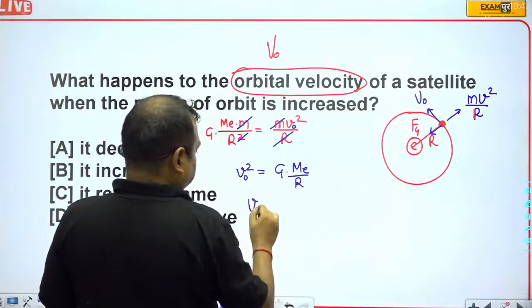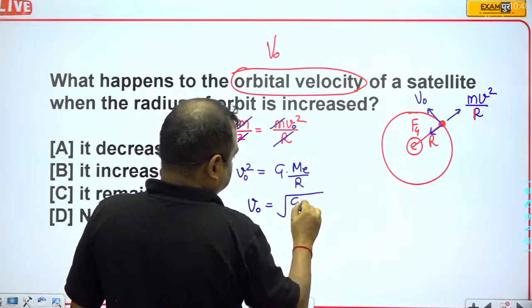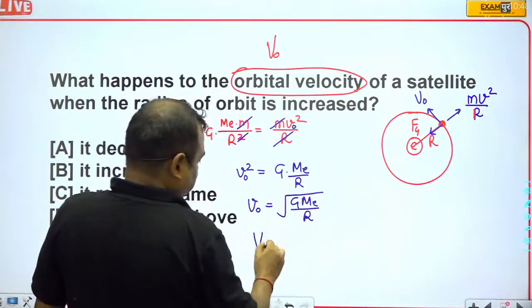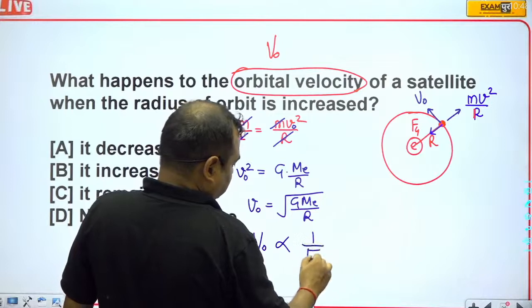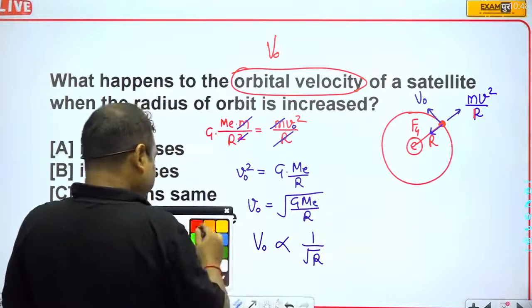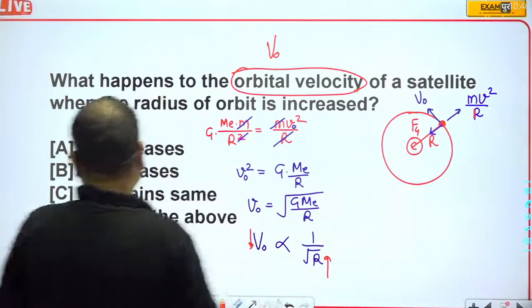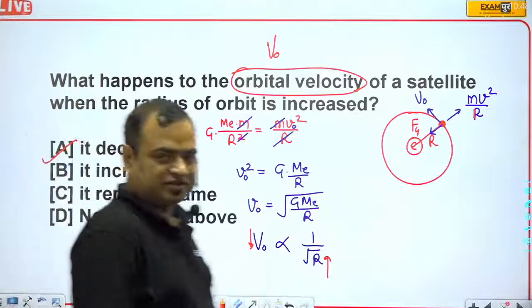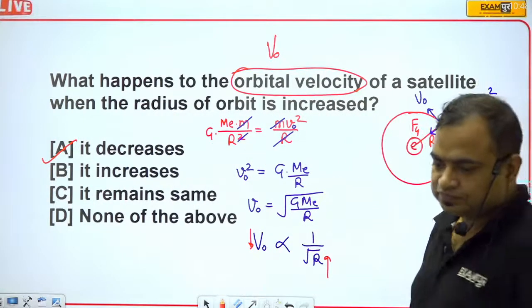So v naught is equal to under root G M E upon r, and v naught is directly proportional to 1 upon under root r. If the radius is increased, the orbital velocity will decrease. So A part will be the correct answer.